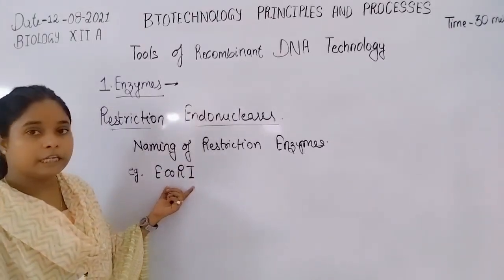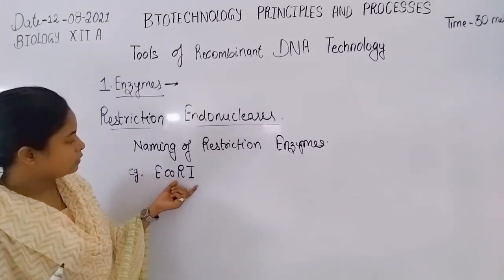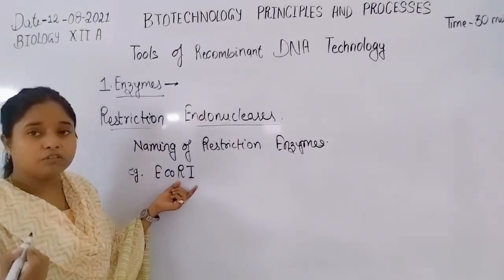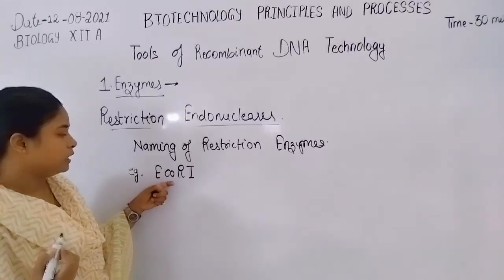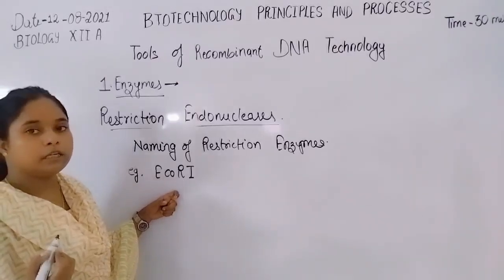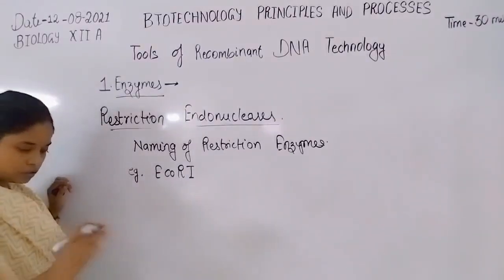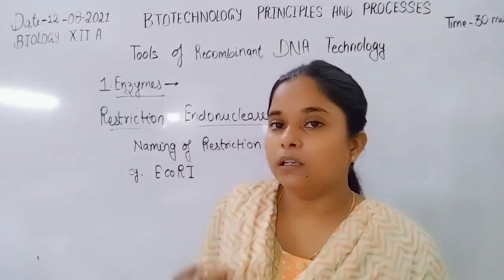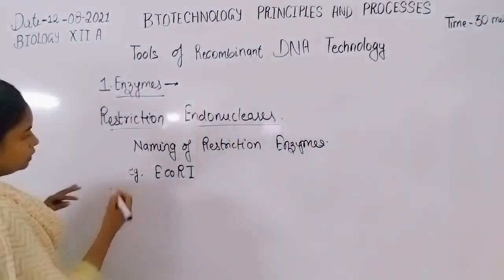EcoR first denotes the name of the organism as well as the strain and the order of isolation. For example, EcoR first is isolated from E. coli bacteria.